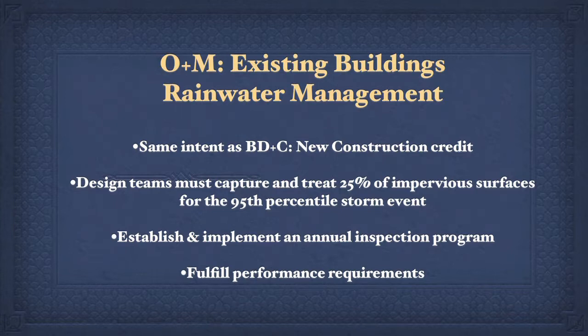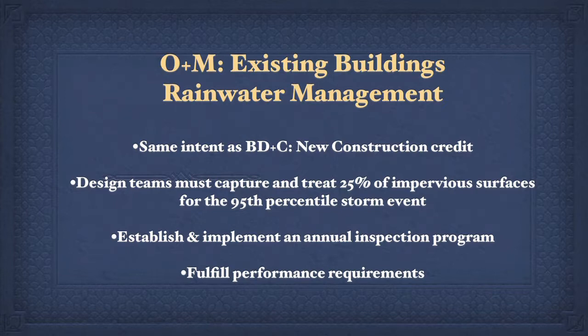However, the requirements are different than for new construction. The requirements are that the design team must use low-impact development practices to capture and treat water from 25% of the impervious surfaces for the 95th percentile storm event.